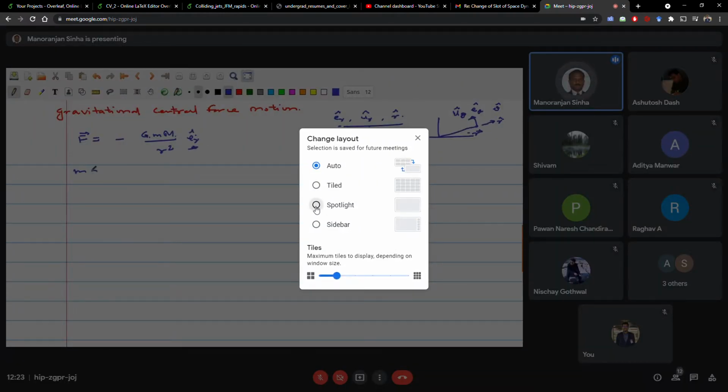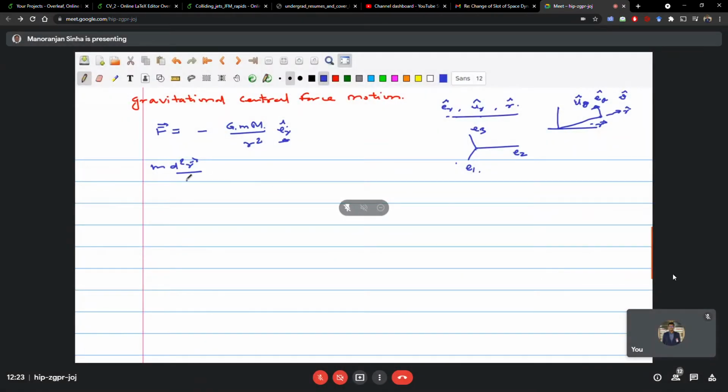So from Newton's law, this gets reduced to, where m is the mass of the object here or the particle, and M is the mass of the central body, which is assumed to be fixed here. This is fixed. This is not a two body problem.